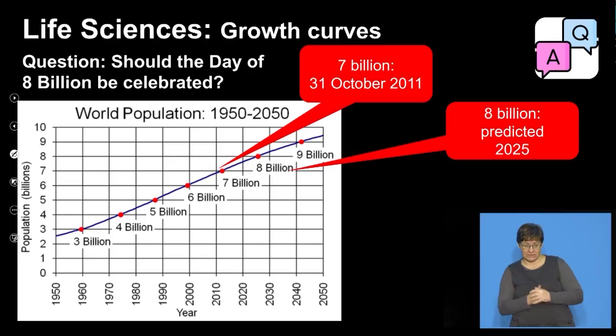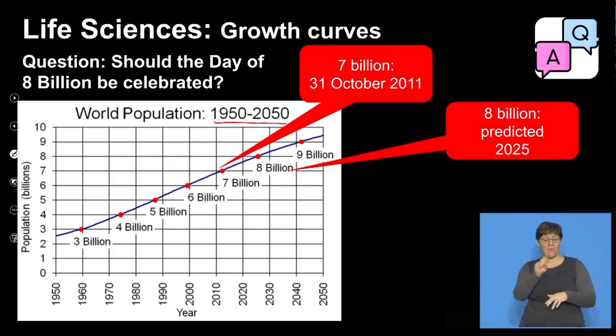And if we are going to be looking at the world population 1950 to 2050, we see that in 1960, the human population passed the 3 billion point. The 4 billion point came in the mid-70s.